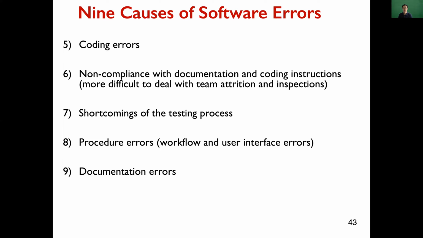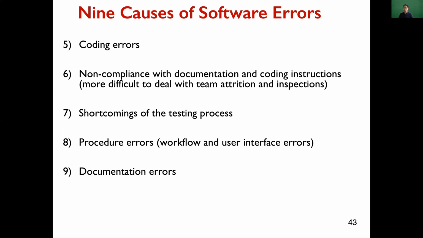Sometimes some developers may not conform to these guidelines, which may result in inconsistent code style. Especially when these developers leave the company, it's very difficult for other developers to understand their code, to inspect the code, and to reuse their code.